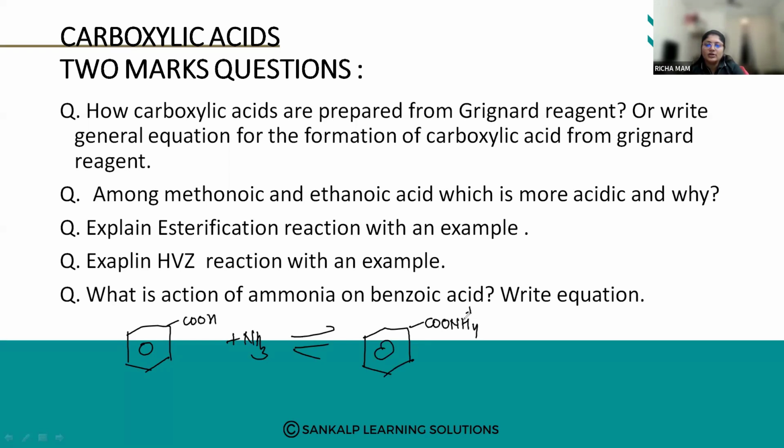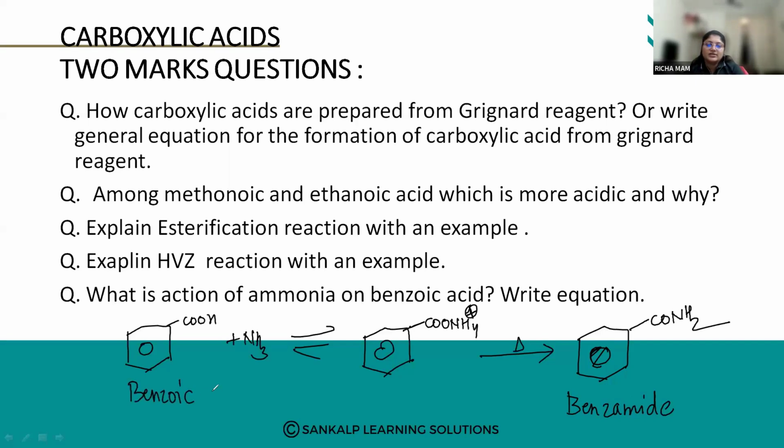Further, you are going to heat this ammonium benzoate. After heating, I'm going to get the amide, and this is benzamide. I have started with benzoic acid.